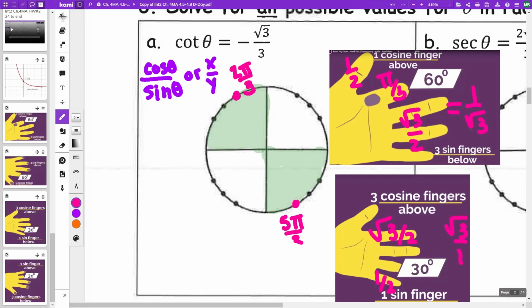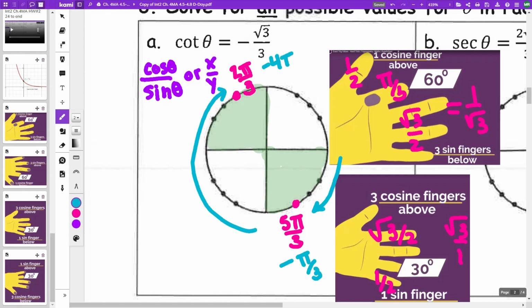Now, those are my answers as I go around the unit circle, positive 2 pi. Well, if I go backwards, negative 2 pi, going this direction, this is not going to be a 5 pi thirds. It's going to be a negative pi thirds. And as I continue going to here, this is going to be a negative 4 pi thirds.